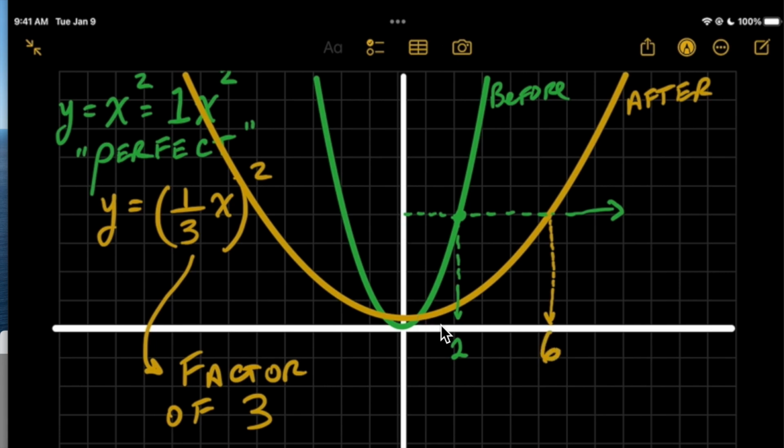Look at this. 2, 4, 6. It was 2, now it's 6. So this wider transformation resulted in the x values increasing by how much? 3. 3 times 2 gives you 6.